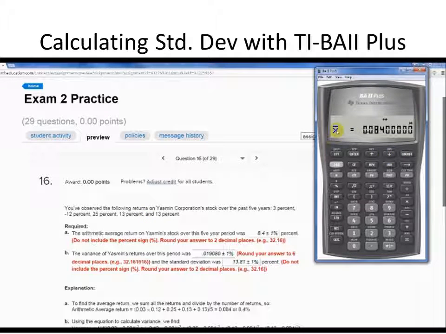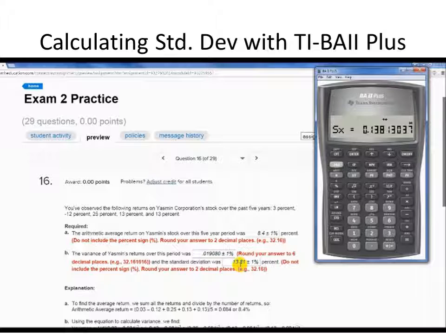Arrow down. X bar is equal to 0.084. That would be 8.4%. And that is exactly what Connect says the average, or the arithmetic average, or mean, is for this set of data. Arrow down again. The sample standard deviation is 13.81%, which matches perfectly with what Connect says.